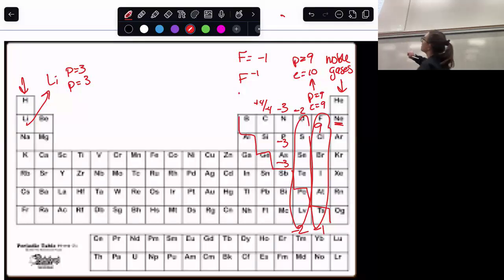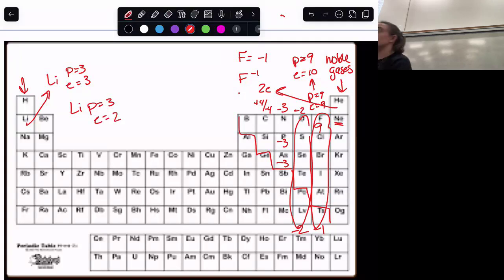If we look at neon, that has 10, right? That's in the same period. So if we try to get to neon by adding all the way across, that's 7 electrons we need to add in order to get to neon. However, helium only has 2 electrons. So instead of trying to add electrons to lithium, it's going to give it up. That extra one it has is going to be given up, and it's going to create lithium with 3 protons and 2 electrons.